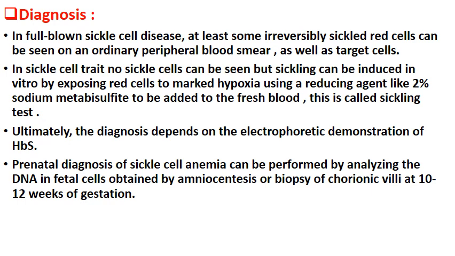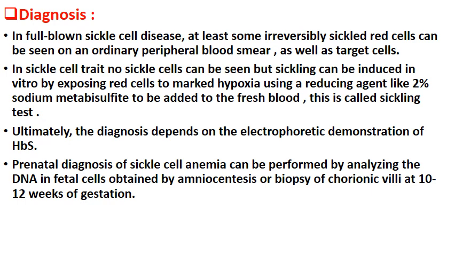While in the trait, no sickle cells can be seen, but sickling can be induced in vitro by exposing red blood cells to hypoxia, because sickling in such a case is induced only by hypoxia or by taking certain drugs that might induce sickling.